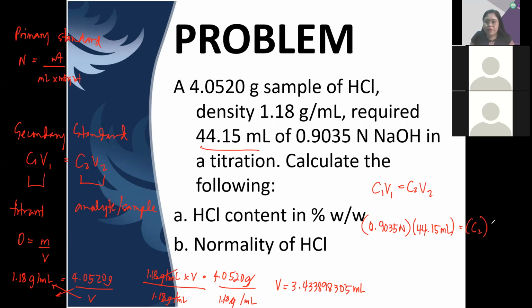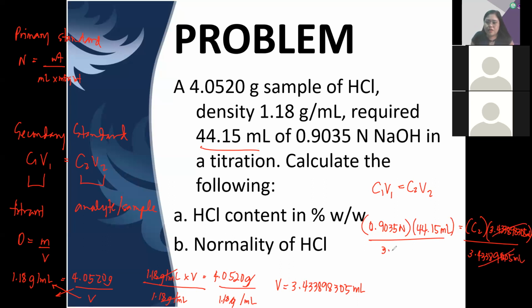We are looking for this one, and then for its volume, we have computed that using the density. That's 3.433898305 ml. Okay, divide both sides with the 3.433898305 ml.